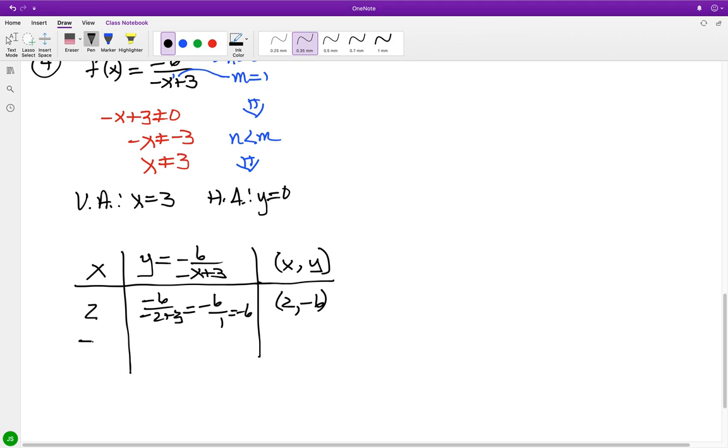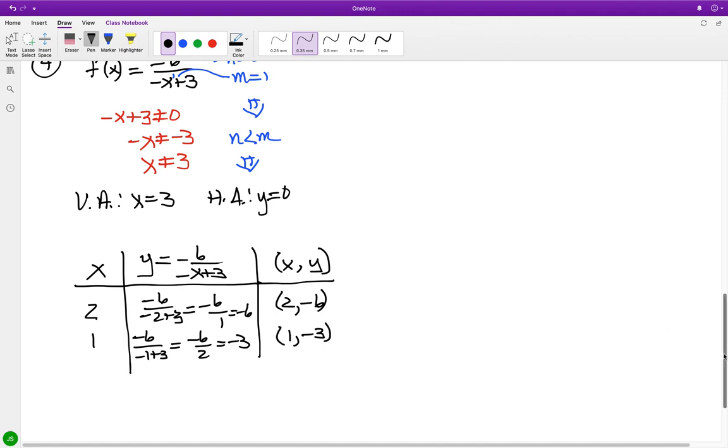And if I go with the x value at 1, then we have negative 6 over the negative of 1 plus 3. So you have negative 6 over 2, so that would be negative 3. So we come out to 1, negative 3.